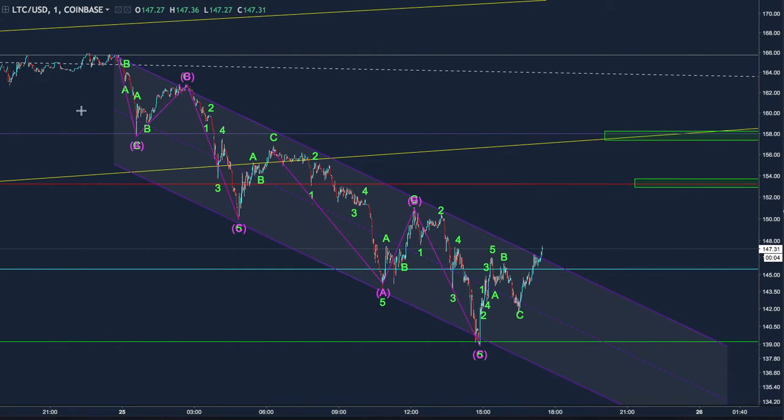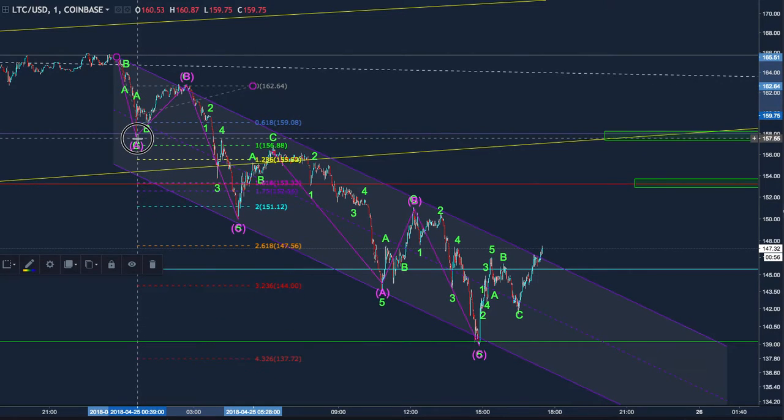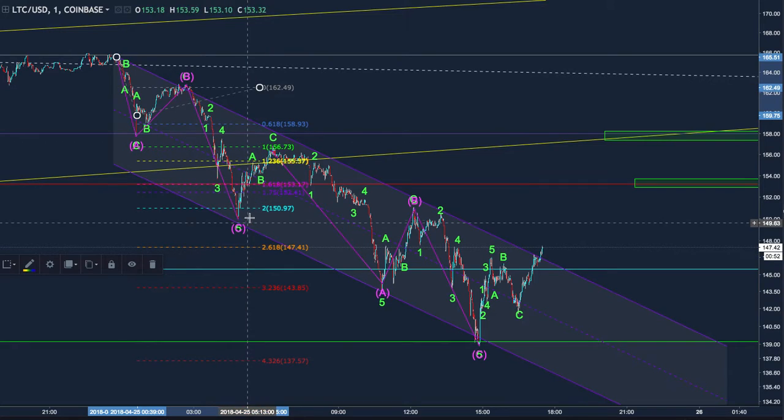And just to show you that this does make sense, if we do extensions from these A, B to C's, they're close enough to what we'd expect. They're a little bit extended. Like this one is 2, right? But it is somewhat around a fib level that makes sense.